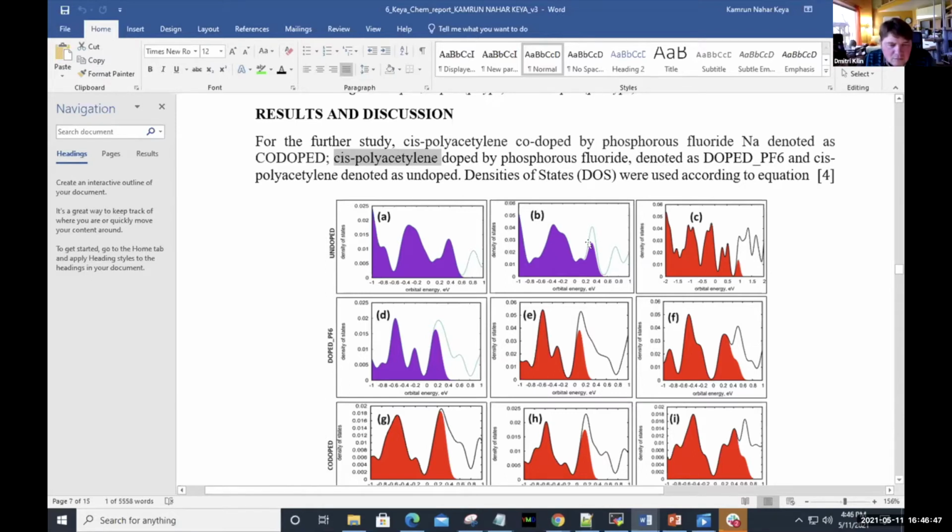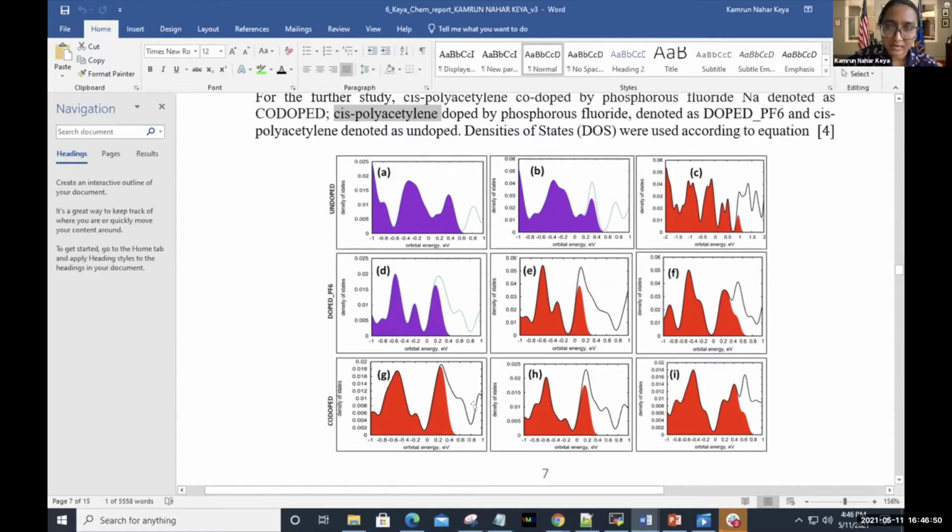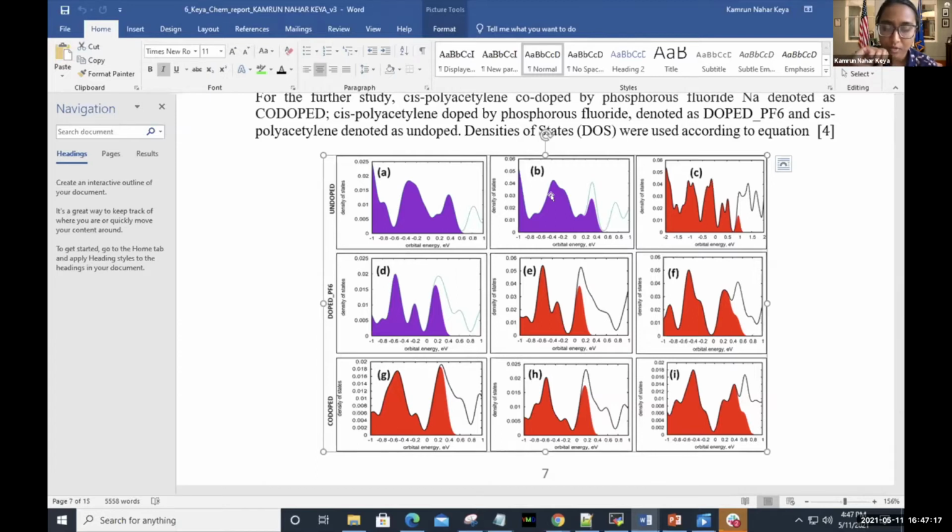We can see other figures as well, and if we calculate the band gap from the data and also see the figure, then we can come to the conclusion that after doing the cationic calculation, this undoped cis polyacetylene model will show more conductivity than other materials.